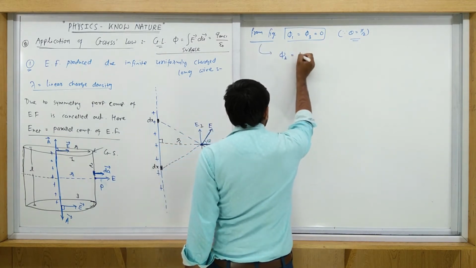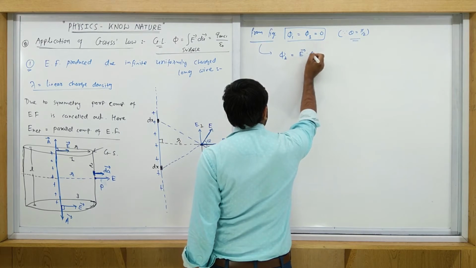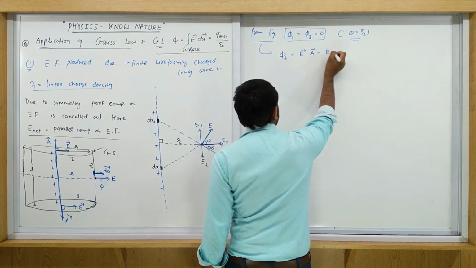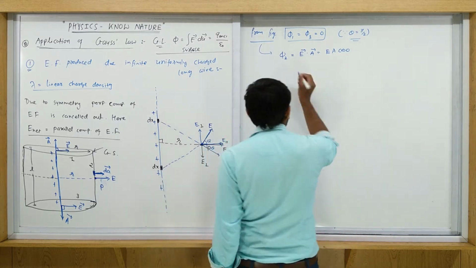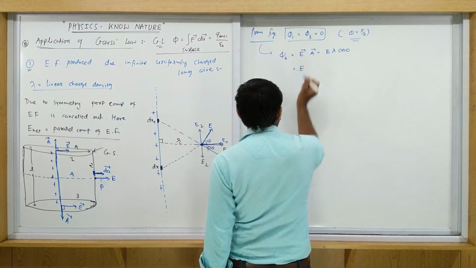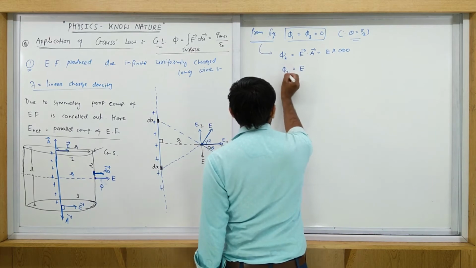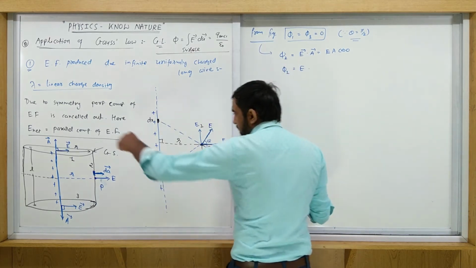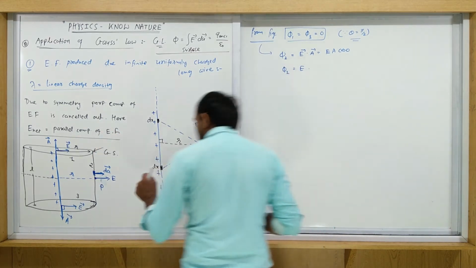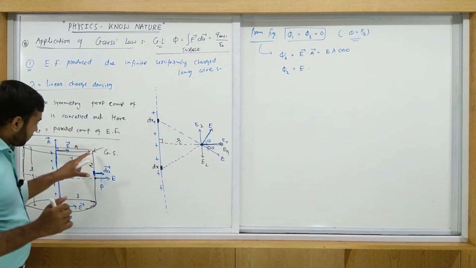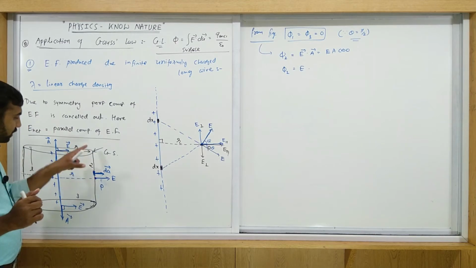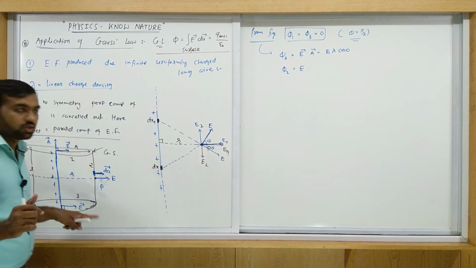So phi 2 is equal to E dot A, which is E into A cos 0. E we don't know, so just write E is equal to E. And what is the area of the second surface? This is the area of the circular surface of the cylinder, that is 2 pi RL.